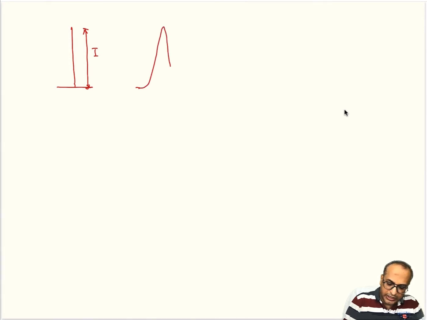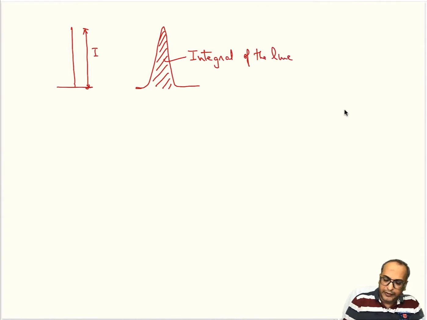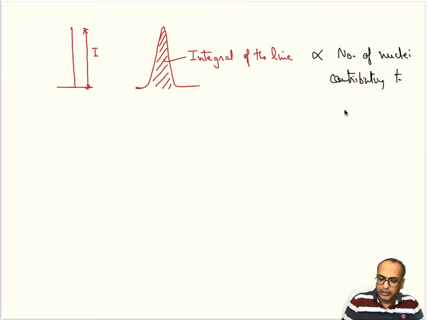it appears like a Lorentzian line, right? So it is the area under this curve which is measured, and this is called the integral of the line, right? And this integral is proportional to the number of nuclei contributing to the signal.